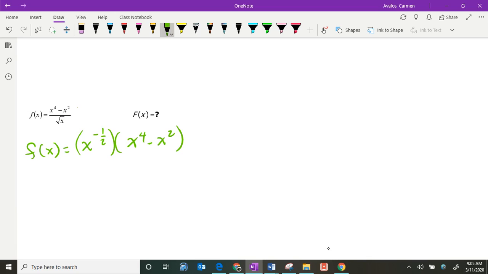That's bringing this up to the numerator. And then we are going to distribute that. And so I get x to the, we're adding the exponent, so I have negative 1/2 plus 4. We're not multiplying them. And so this becomes 8/2, and so that becomes 7/2. So that's x to the 7/2 for the first one.